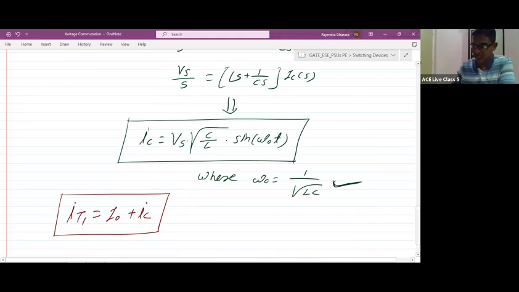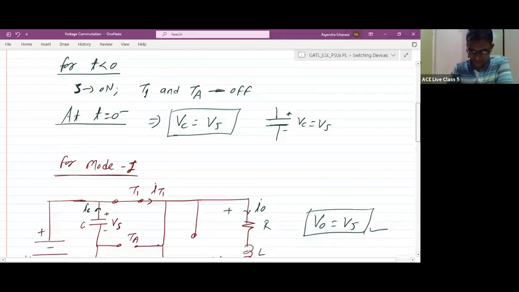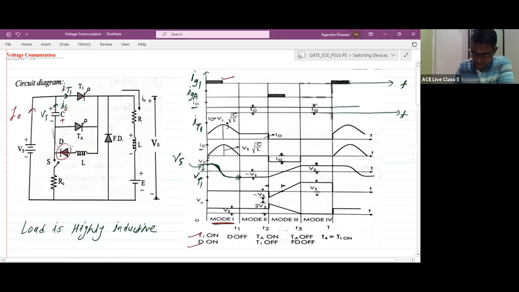Now you can check the IT1 waveform. IC is like this. IT1 is I0 plus IC. At t is equal to 0, what is IC? IC is 0. So IT1 is equal to only I0.